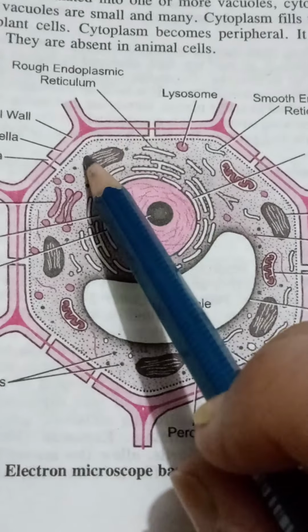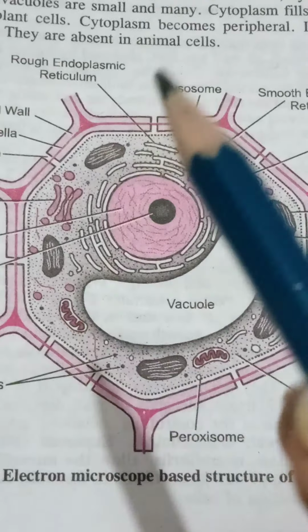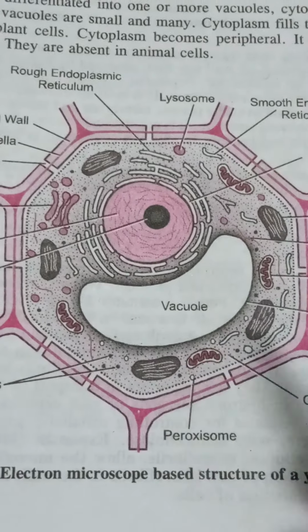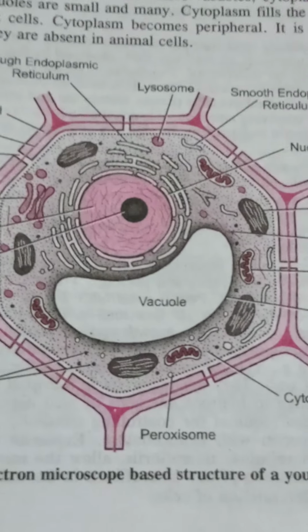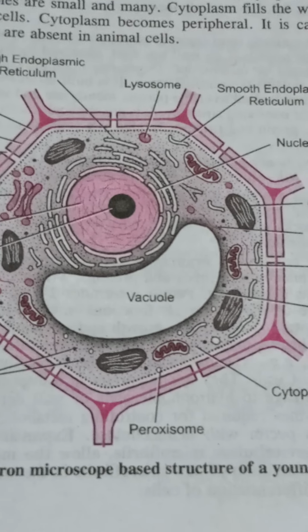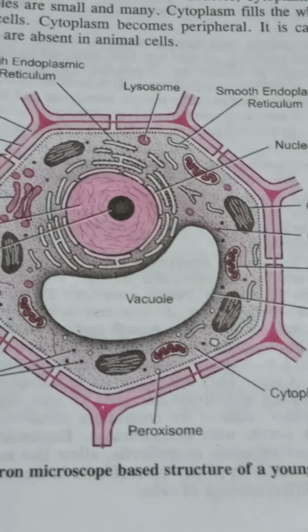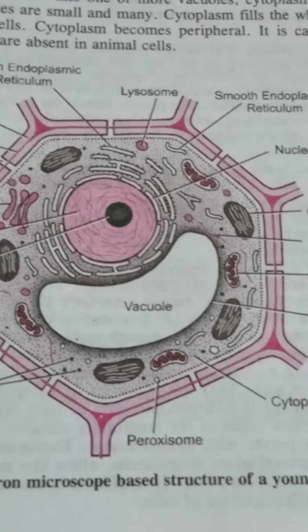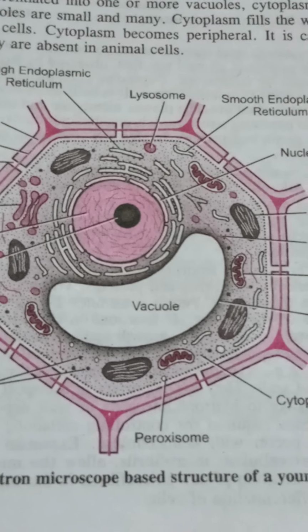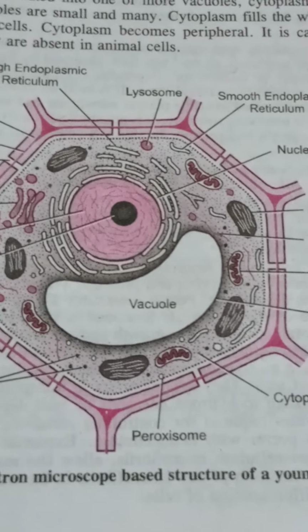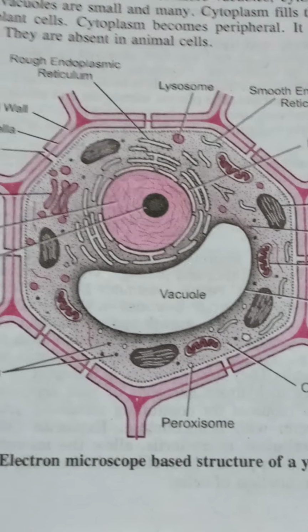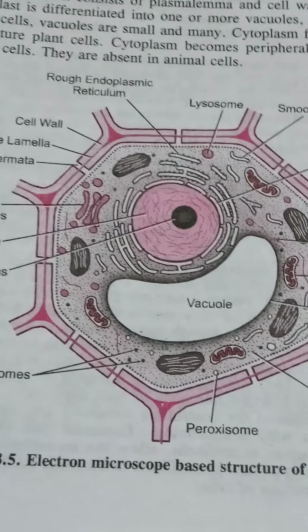Now after this we come to the cell organelles. When we talk about the cell organelles, all these structures are included. But first of all, let's discuss the endomembrane system. The endomembrane system is a grouping of protein-trafficking membrane organelles which together function in coordination.